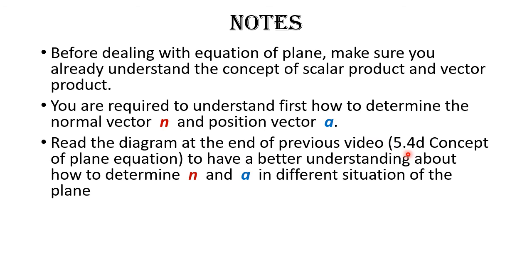That is the video regarding 5.1D concept of the plane equation. In order to have a better understanding about how to determine normal n and also position vector A in the different situations. If I'm not mistaken, we have 7 situations in that diagram. So make sure you read all the 7 different situations of the plane in order to understand how to find out n and A in each case.